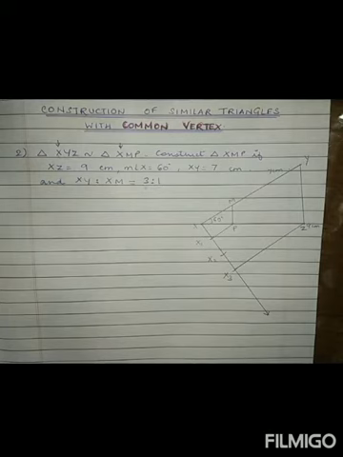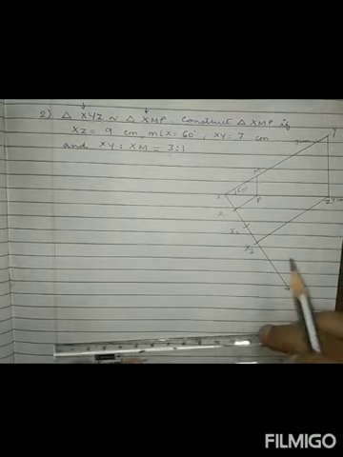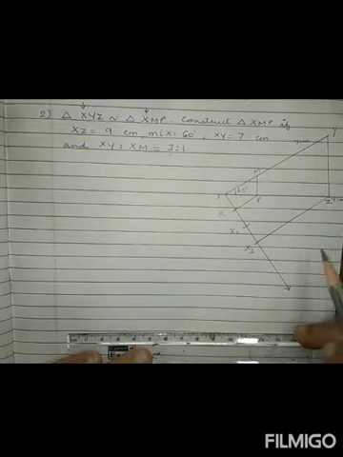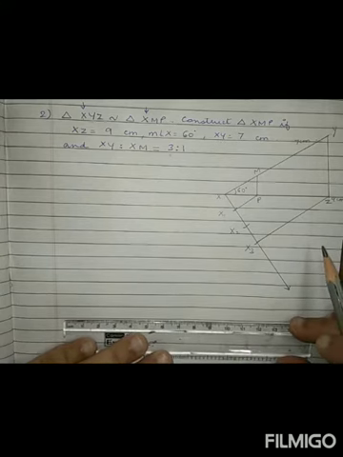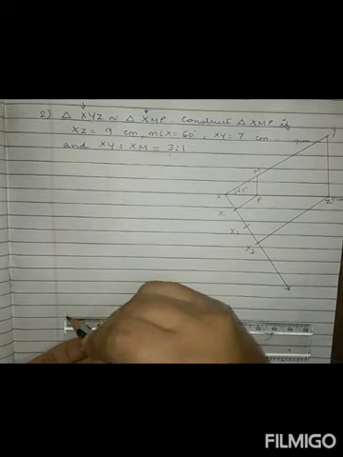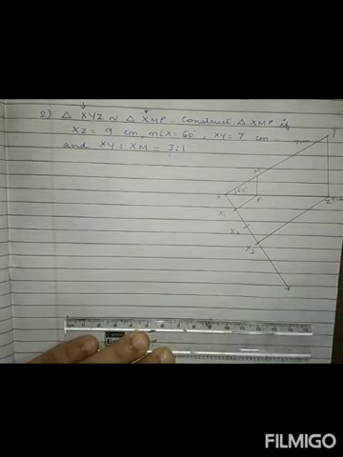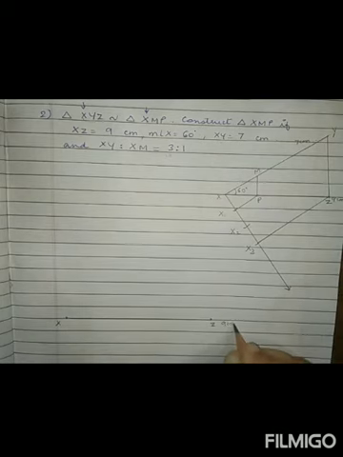Now we will begin with the construction. Children, let us first start by drawing segment XZ, which is 9 centimeters. I hope all of you are constructing along with me. So this is XZ, which is 9 centimeters.